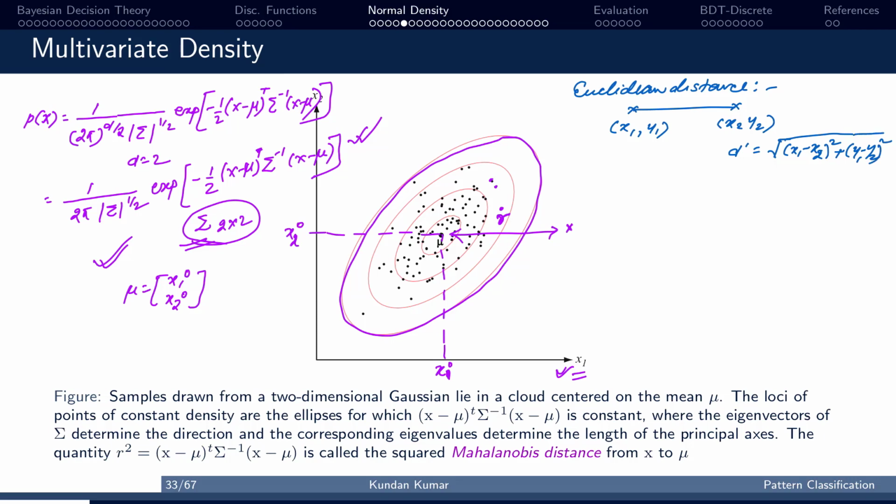So this is our Euclidean distance. And if we write the expression for d-dimensional feature space, then the Euclidean distance will be summation of (xi minus yi) square, where i goes from 1 to d, and power 1 by 2.